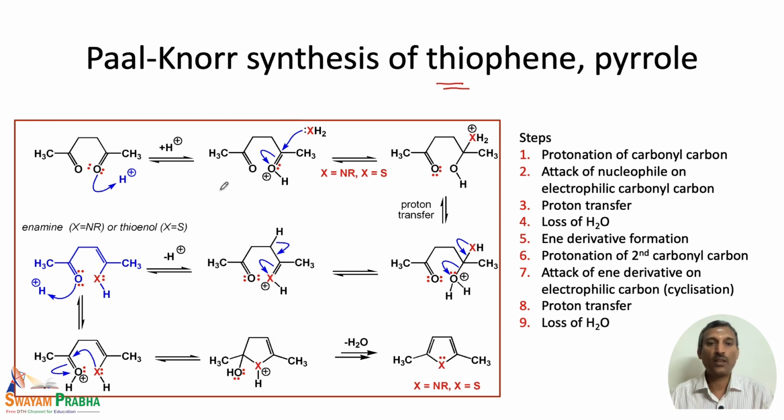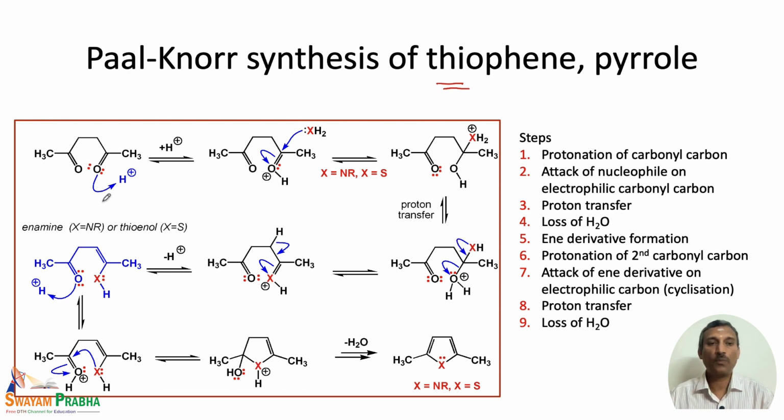So, here the reaction is more or less similar to the one we have seen, but the only difference is that in the previous synthesis, the enolic oxygen attacks the carbonyl carbon to form the cyclic product. But in this particular case, this enol actually gets converted to the corresponding heteroatom substituted derivative. So, that is the major difference.